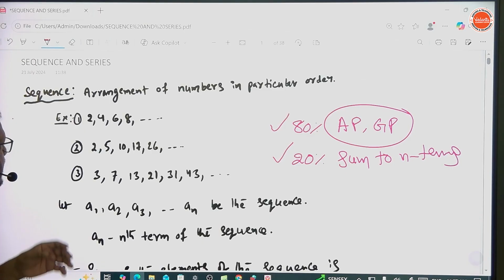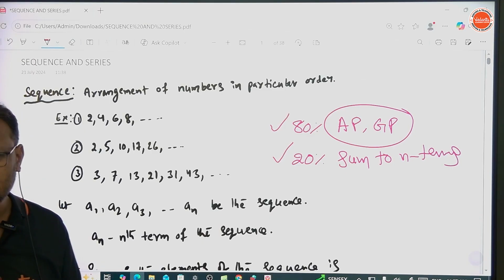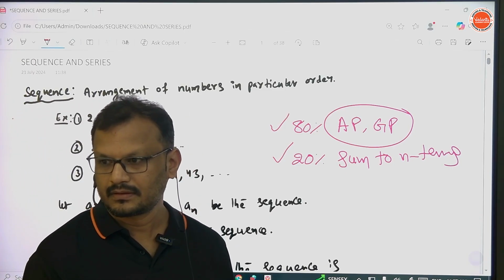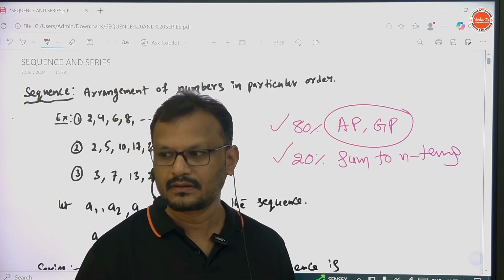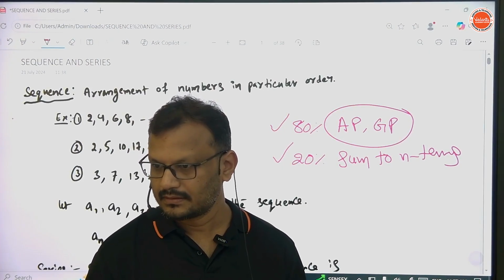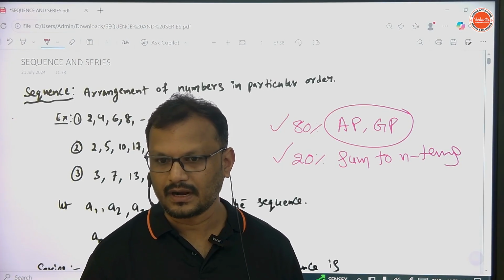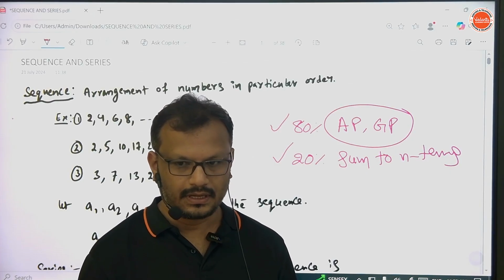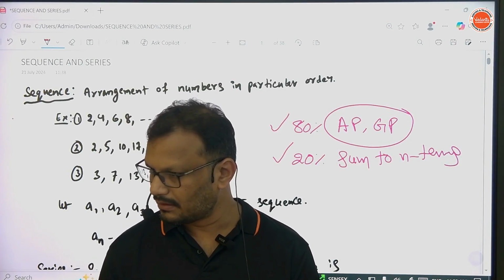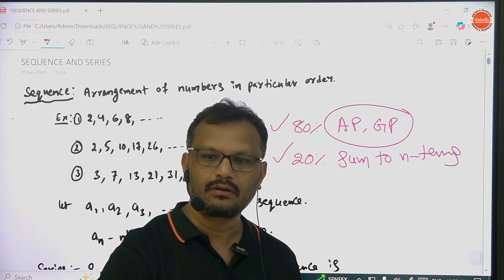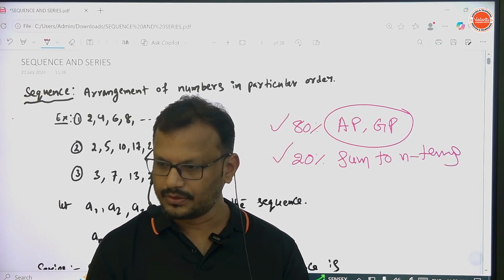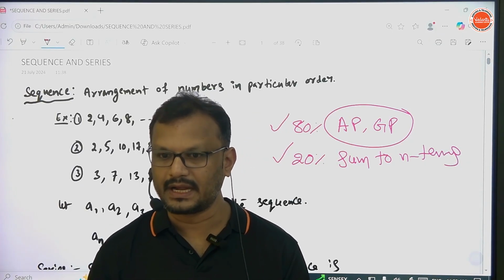So sequence is nothing but, what is sequence? Generally, what is the meaning of sequence? Order. So what is that order? If it is an order, it will be a sequence. No need to think about the weightage.